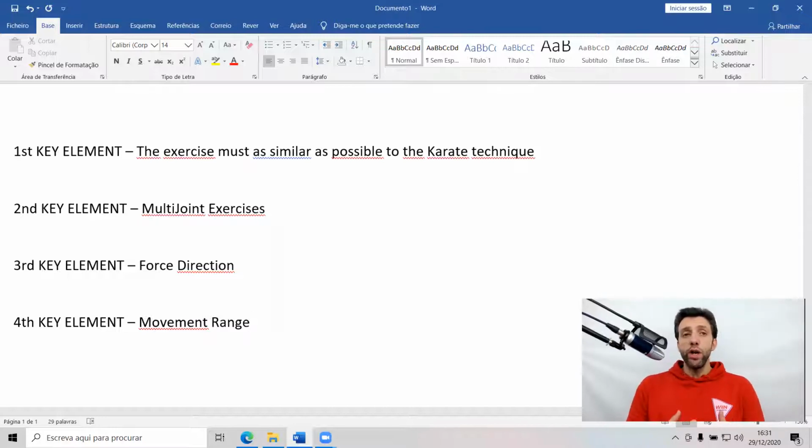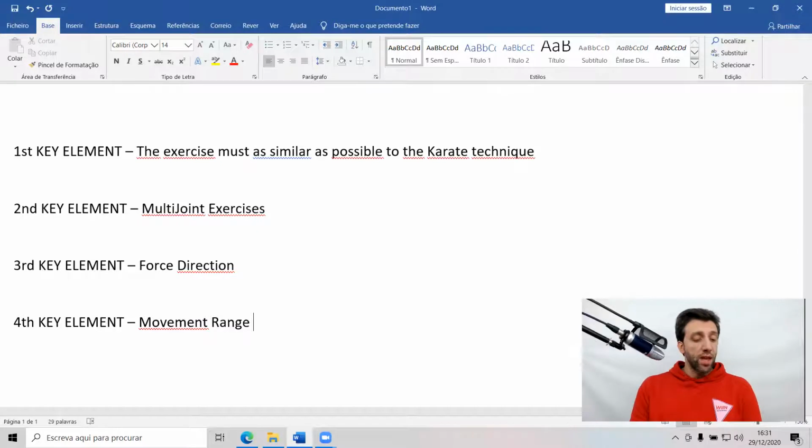So we will ask our athletes to make that squat in different movement ranges, so their lower limbs are able to produce strength in several ranges of motion. That's very important, so they have more resources when they need them in a certain kata or kumite action.